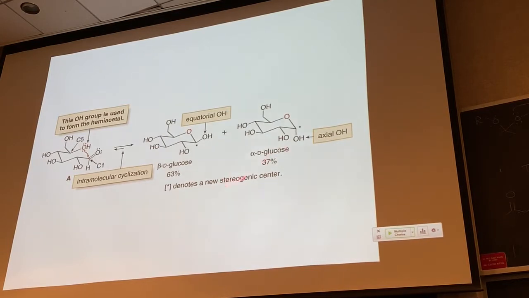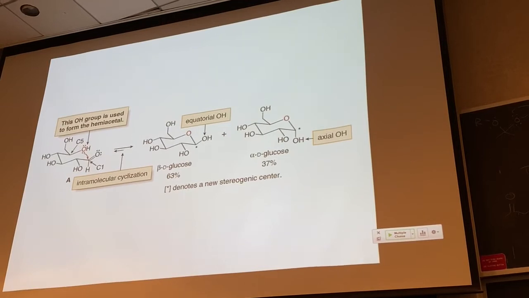And so we get about a 2-to-1 mixture of those two isomers at equilibrium and less than 1% of the acyclic aldehyde at equilibrium. Okay? Any questions about cyclic hemiacetals or carbohydrates?